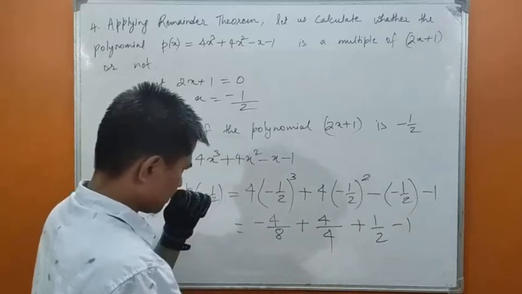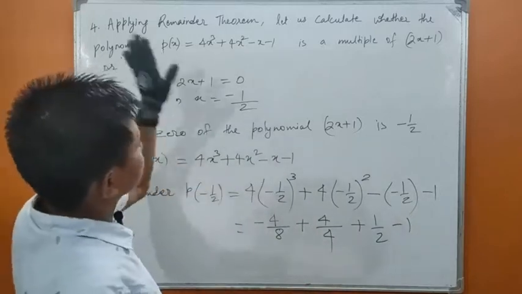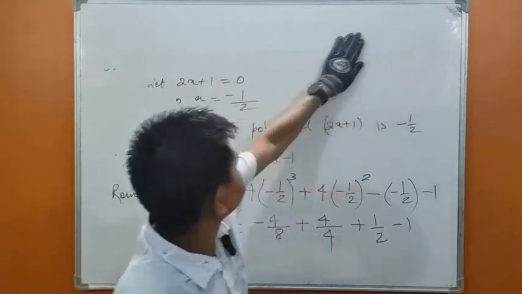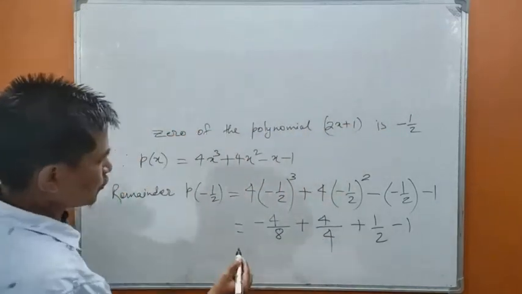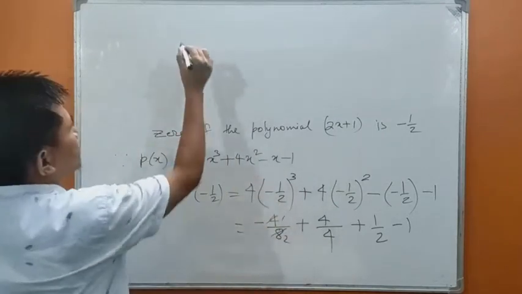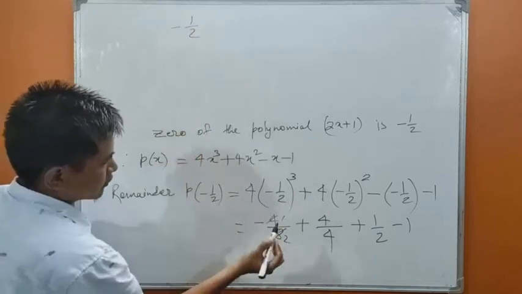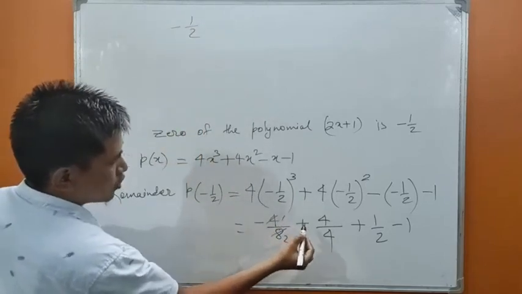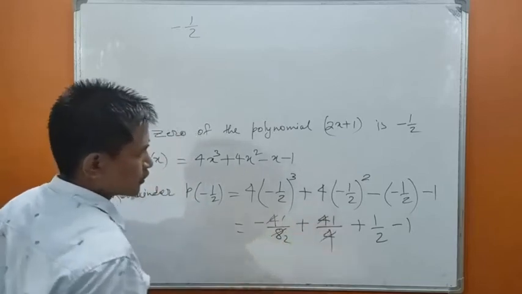Excuse me. Let me continue this. So minus 4 by 8, this becomes minus 1 by 2, isn't it? 4 ones are 4, 4 twos are 8. Minus 1 upon 2. This 4 and this 4 cancel. Here is 1.